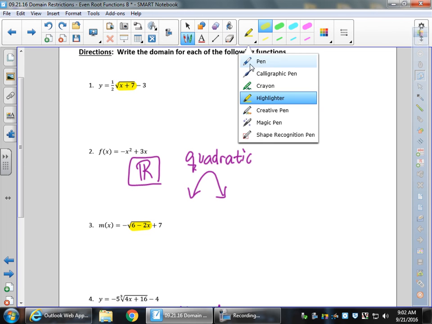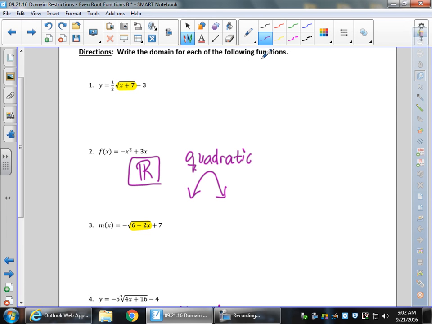What inequality am I going to set up for number 1? Cameron or Royan, what am I setting up for number 1? Nope, one of these guys is going to answer. X plus 7, good, is what? Greater than or equal to 0.